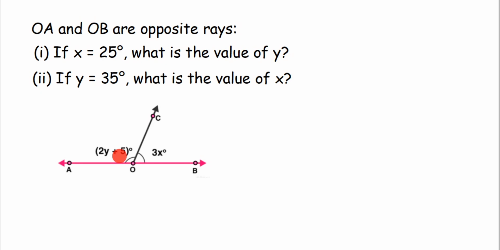The non-common arms, OA and OB, are exactly opposite.